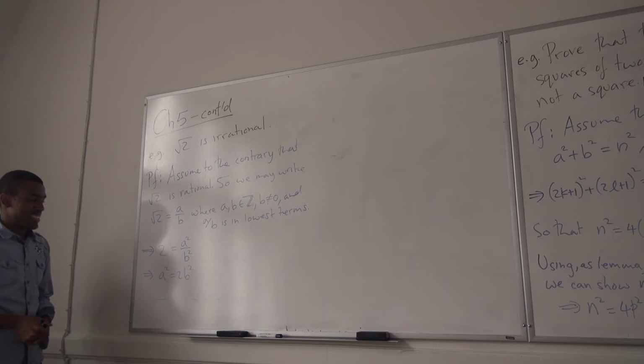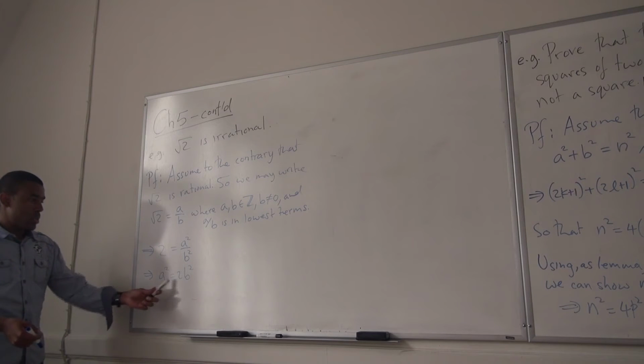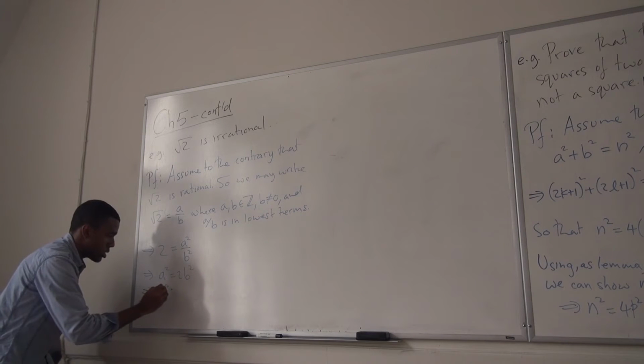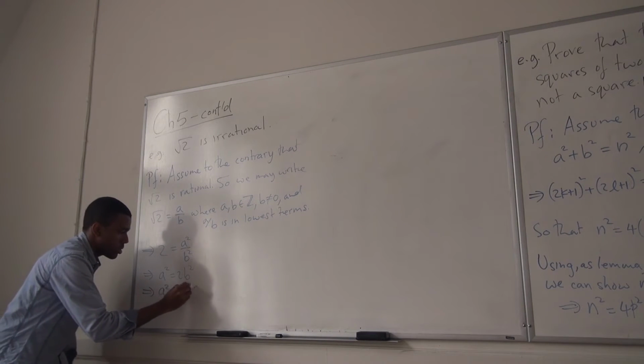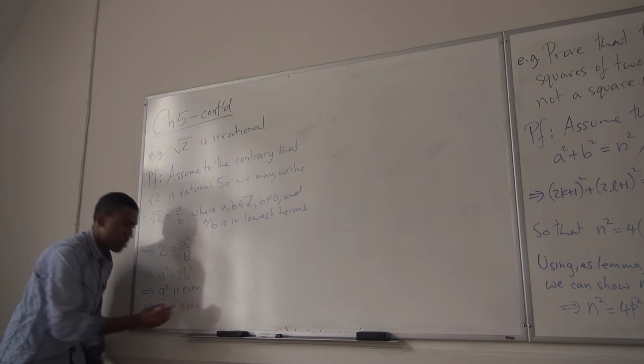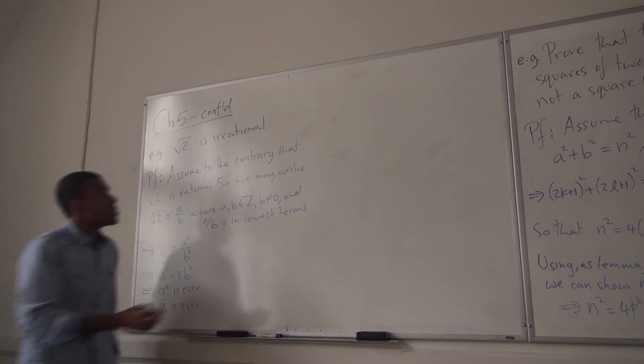Since a and b are odd? No, you cannot say a and b are odd. In fact, we know a has to be even. Right? a squared is 2 times an integer. This means that a squared is even, which means that a itself is even. That's a fact we proved.